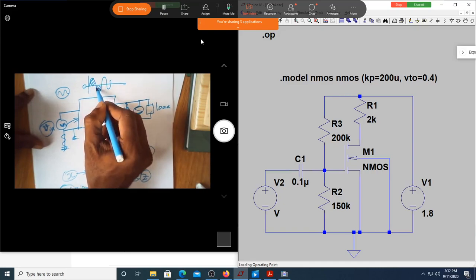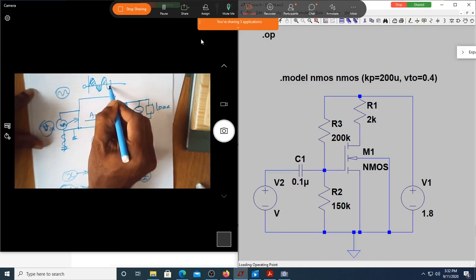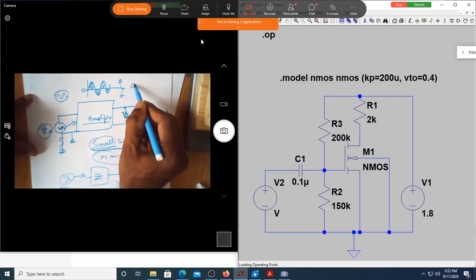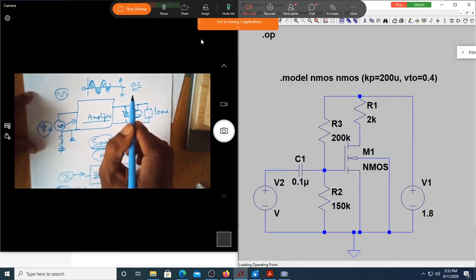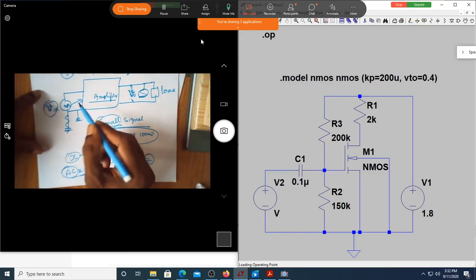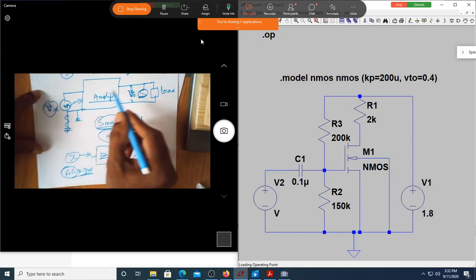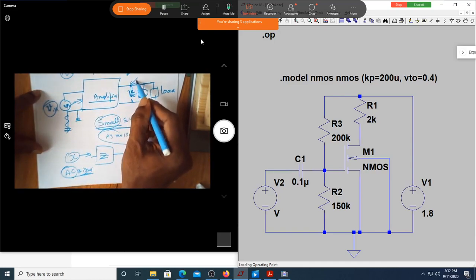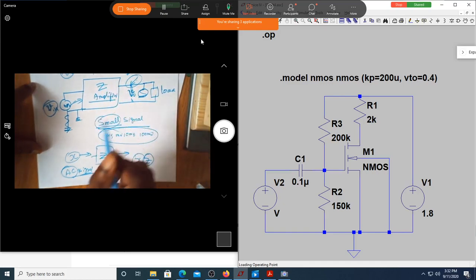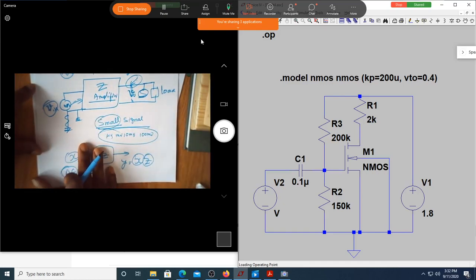If you have a waveform whose areas are the same on both the positive and negative side, then I'll call it an AC signal. I will apply an AC signal, that AC signal is amplified, and I'll get an amplified version here. That amplified version depends on the gain of the amplifier.